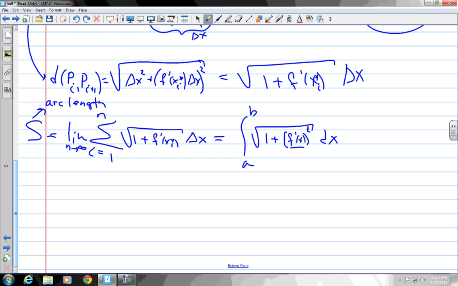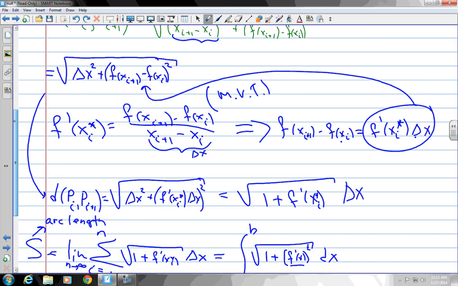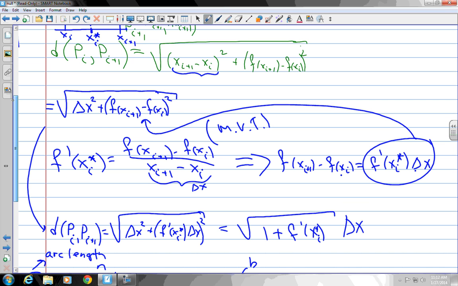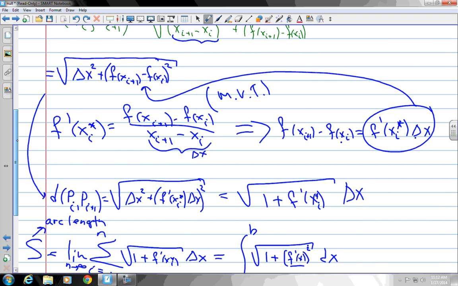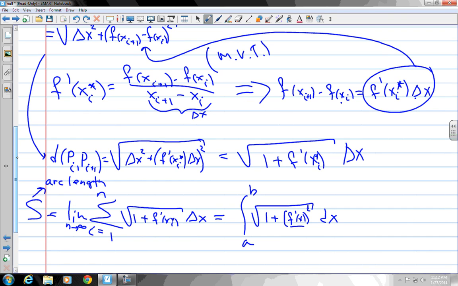It's your function, right? Not really. Couldn't you show that square root of 1 plus f prime of x squared is going to be the length of any tangent line?